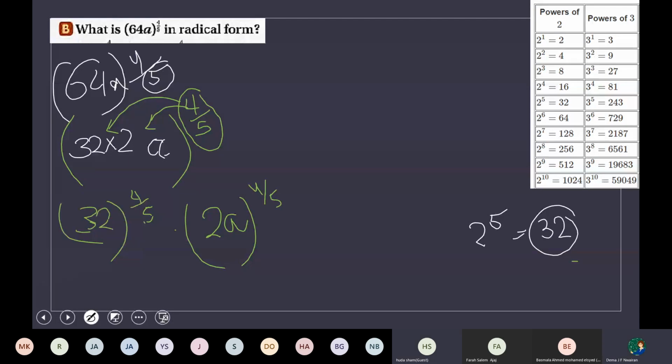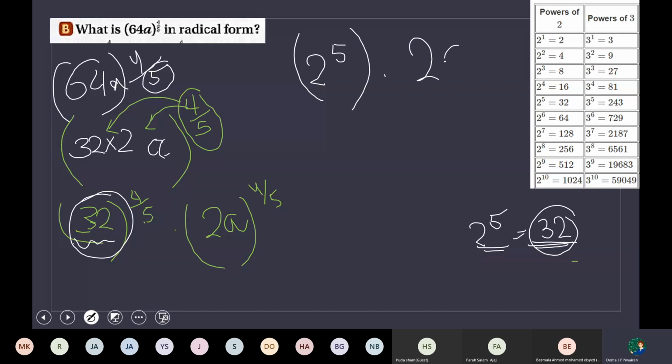Then, after that, I go back here. I know that 32 is 2 raised to the power 5. So now I rewrite this one as 2 raised to the power 5 instead of 32.